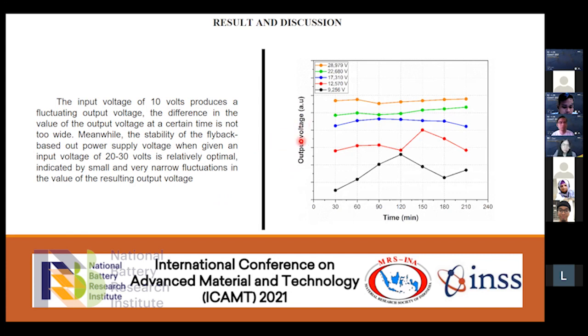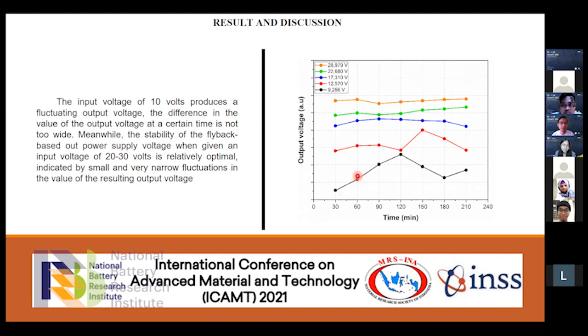The input voltage of 10 volts produces a fluctuating output voltage. As you see, there are fluctuation values in the output voltage. The difference in the value of the output voltage at a certain time is not too wide, just in the decimal kilovolt.